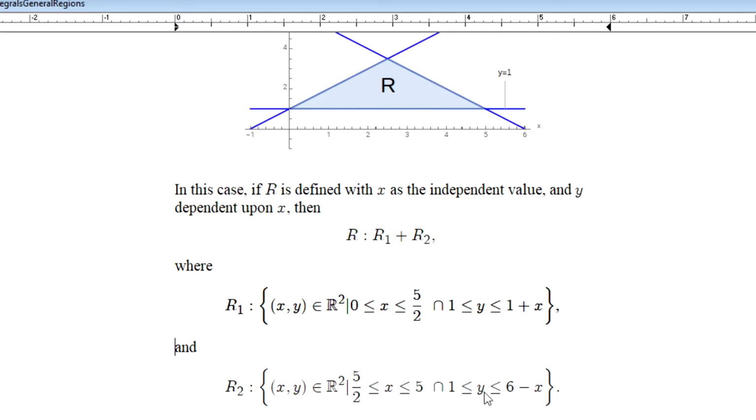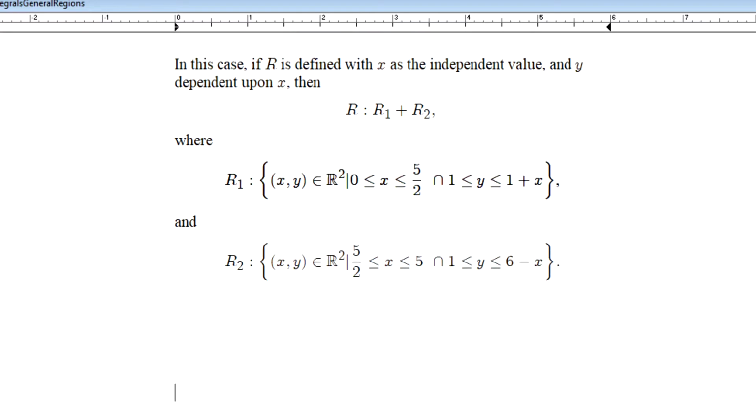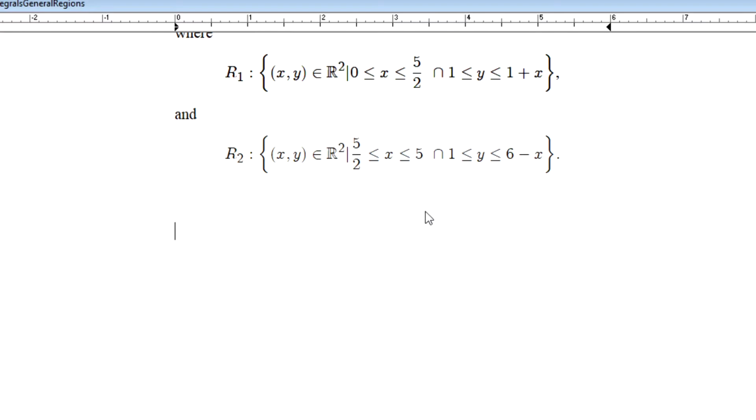And that's intersected with values of y that depend upon x, where y is bounded on the lower end by the constant value of 1, and on the upper end by this function y equals 6 minus x. Right? That calculation as a double integral is going to be a bit more complex.